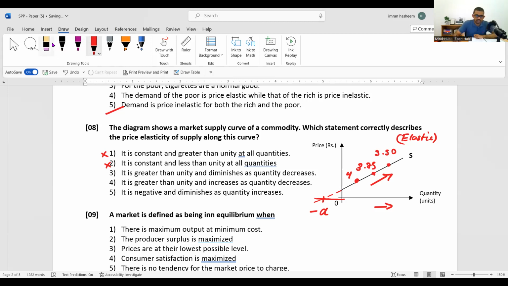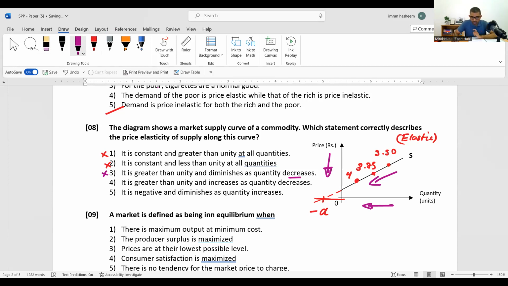But the third option says we are going downwards. If we go downwards, what should happen? If we go downwards along the curve, when quantity and price decrease, the values don't diminish, the values increase. Here it says values decrease. So this is wrong.